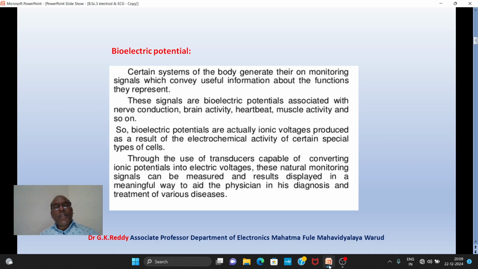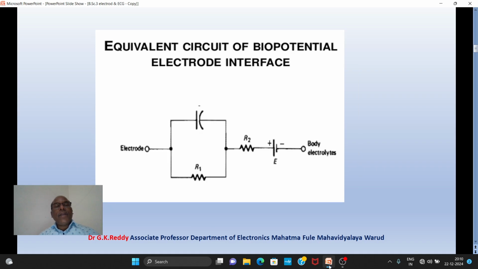So bioelectric potentials are actually ionic voltages produced as a result of the electrochemical activity of certain special types of cells, through the use of transducers capable of converting ionic potential into electric voltages. These natural monitoring signals can be measured and the result displayed in a meaningful way to aid the physician in the diagnosis and treatment of various diseases.